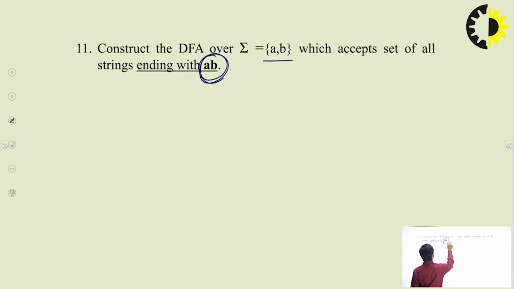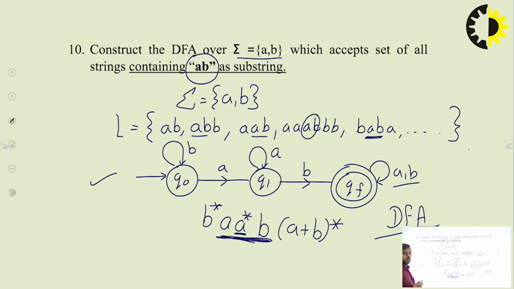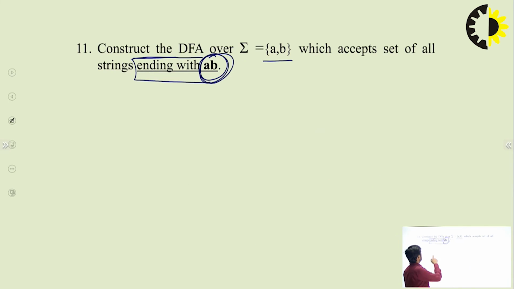This is very important: ending with AB. In the previous question it is containing AB as a substring. See, there the word containing is used, so that's why there is no dead state. Now, ending with AB, fine.